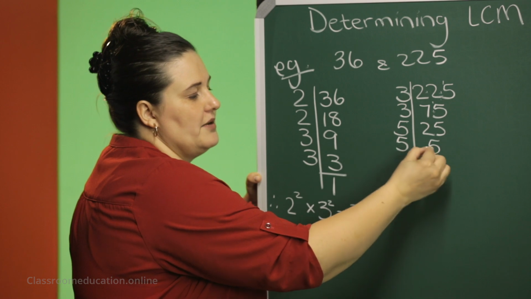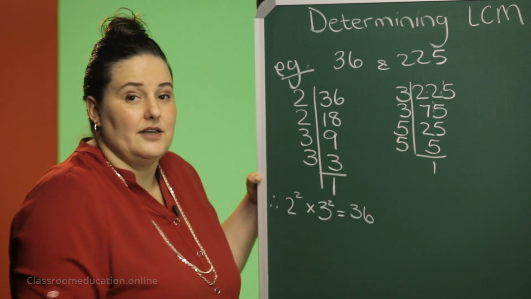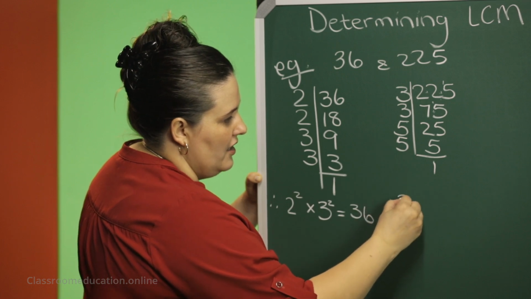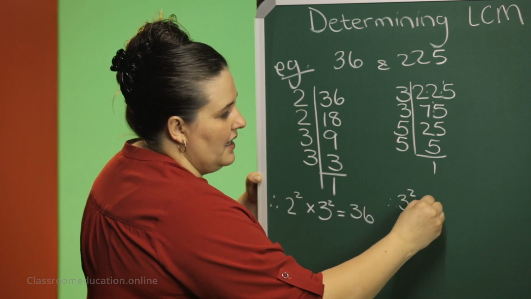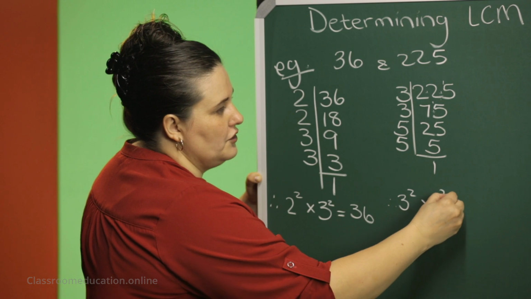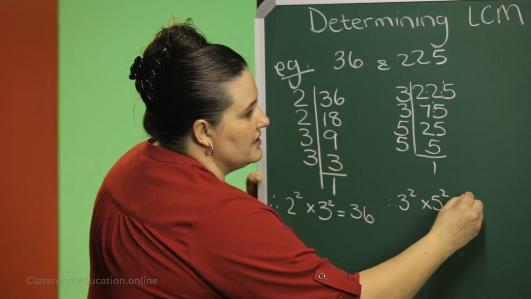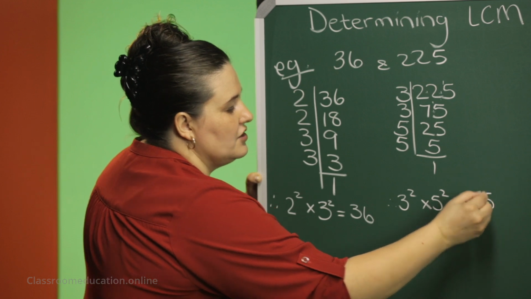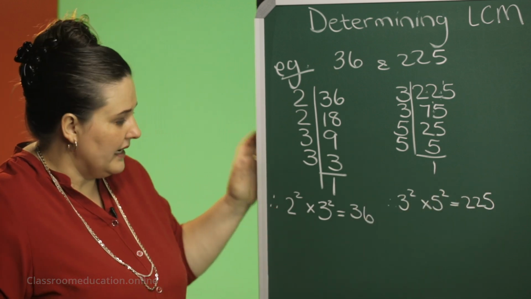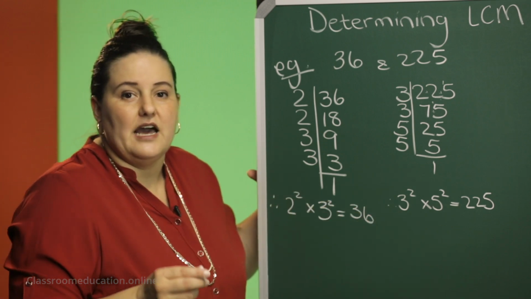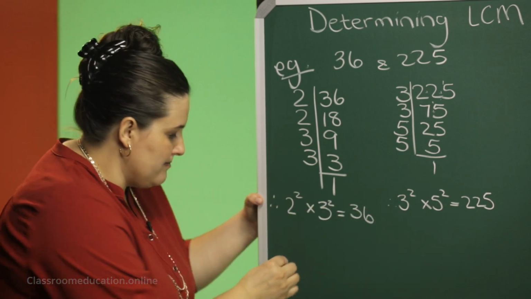And 5 can go into 5 once. And once you're there, you can stop. So it's 3 to the power of 2 times 5 to the power of 2, or 3 squared times 5 squared, will give me an answer of 225.